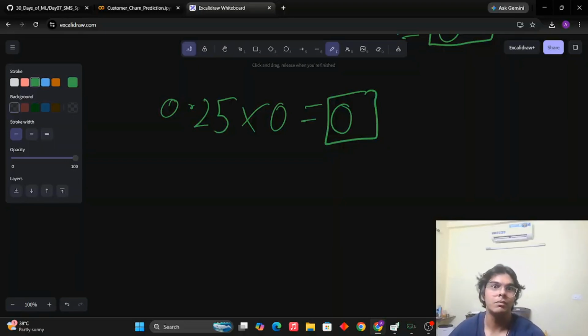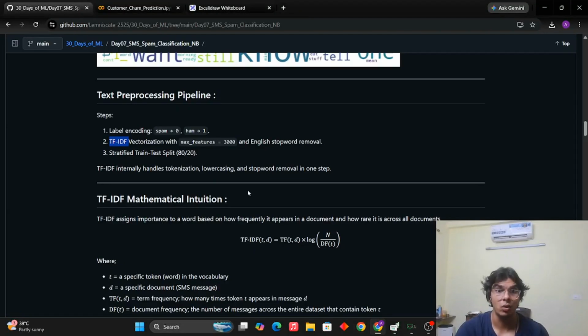What if it was a high value? This is what the TF-IDF model does. The words which repeat very often, which means the words which are frequent, TF-IDF gives them a very low score, a very insignificant sort of score. And the words which are rare, TF-IDF tries to bring them up and hence gives them a higher score.